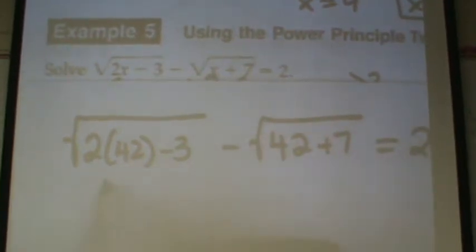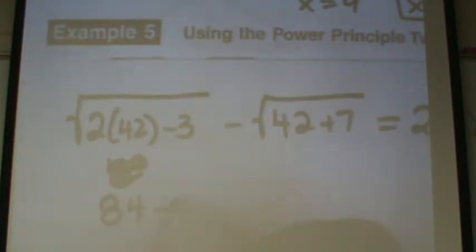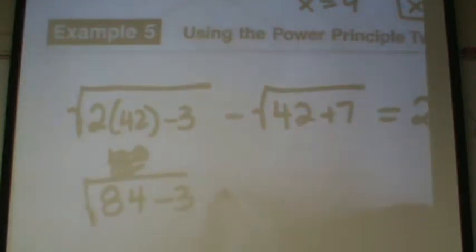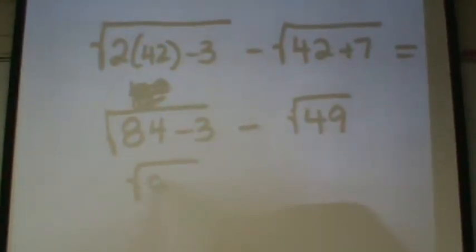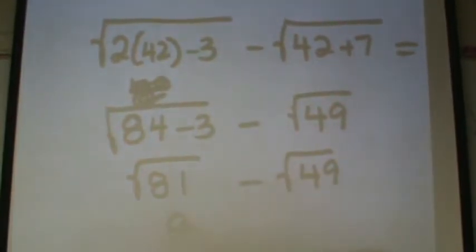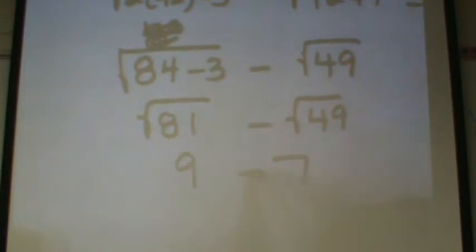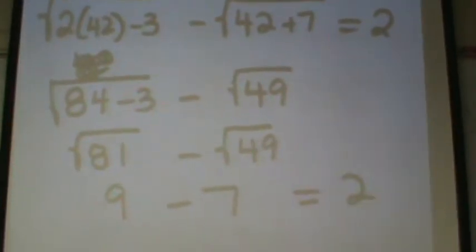Well, we have 84 minus 3 minus, and this is going to be 49. Okay, so this is 81. What's the square root of 81? What's the square root of 49? Does 9 minus 7 give you 2? Yep, so that one worked.